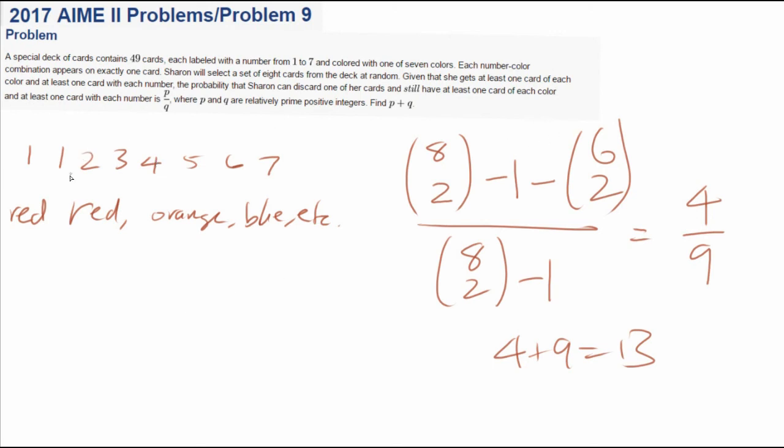So we find the number of ways that she doesn't assign a red card to a 1 card, and that's choosing 2 out of 6 of these numbers to be red. So 6 choose 2. So this is the number of ways in which she can distribute the red cards without pairing a red with one of the 1s, and that's over the total number of ways she can assign the red cards. And that equals 4 nines.